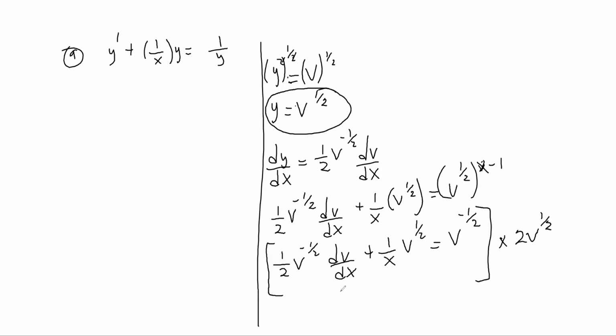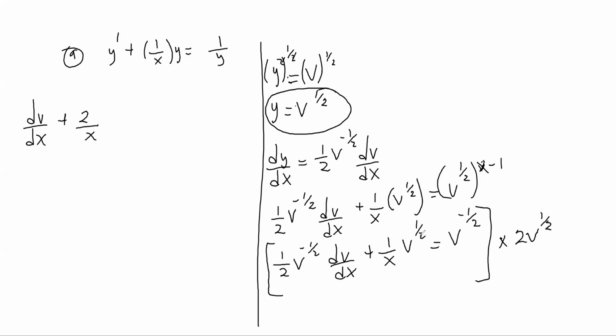So now I'll have dv by dx, because this term will cancel out this. So if I multiply 2 times this one, it will give me plus 2 over x. 2 times the 2 over x, and then v raised to the half and v raised to the half. So if I simplify, I will have v only.